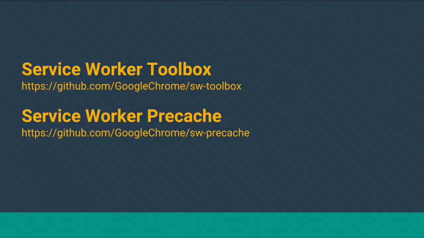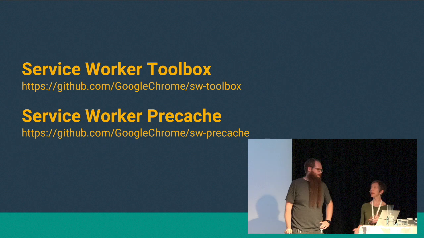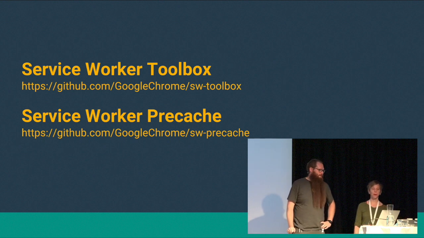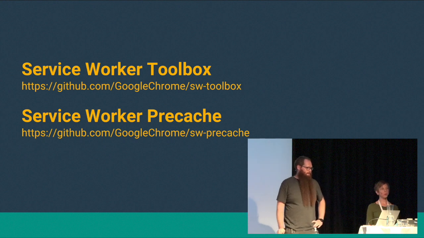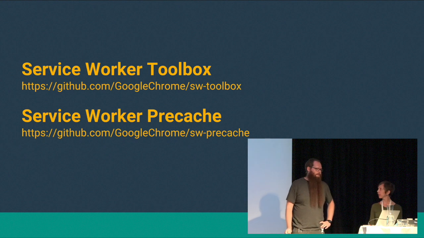There are some tools. Google has a couple very useful tools to help you manage the caching and manage offline data. And we would certainly recommend using these tools to simplify this aspect of things.